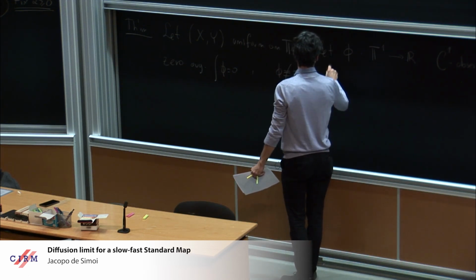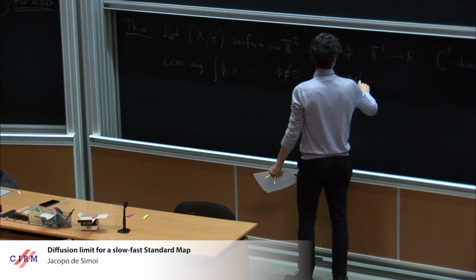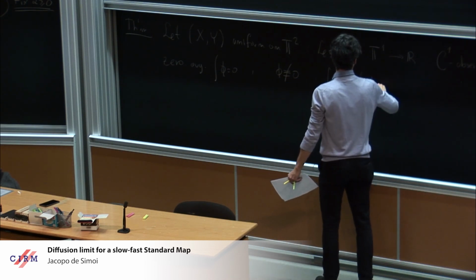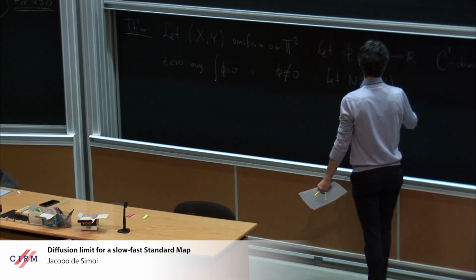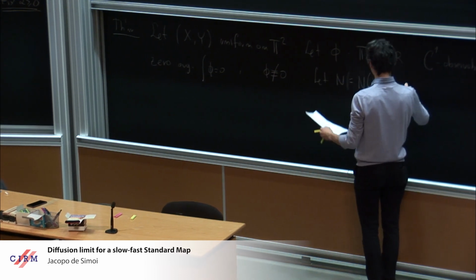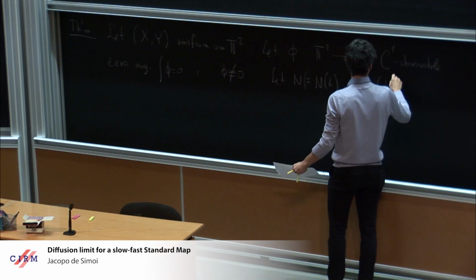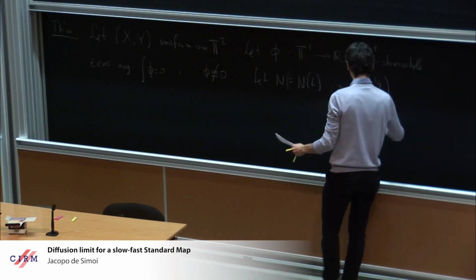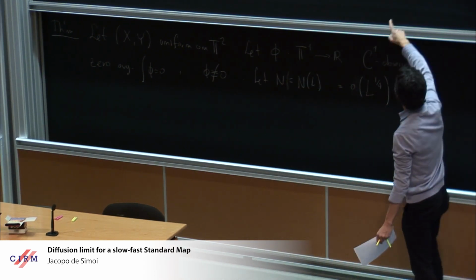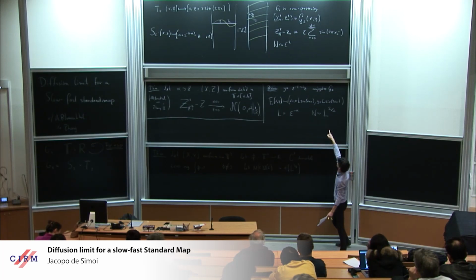Then let n be a function of the parameter, which is small o of L to the power 1 over 4. This 4 is related to that 8 by this formula.